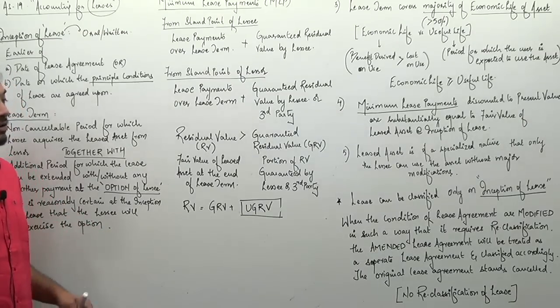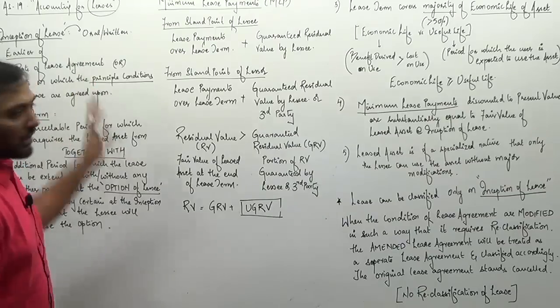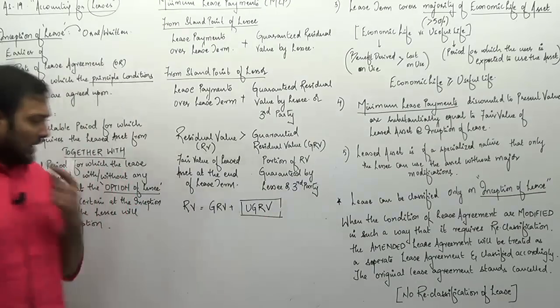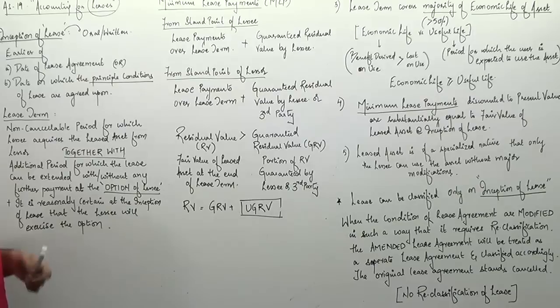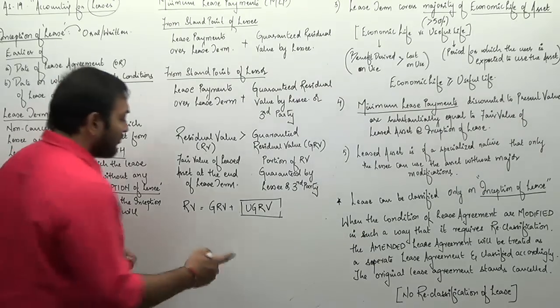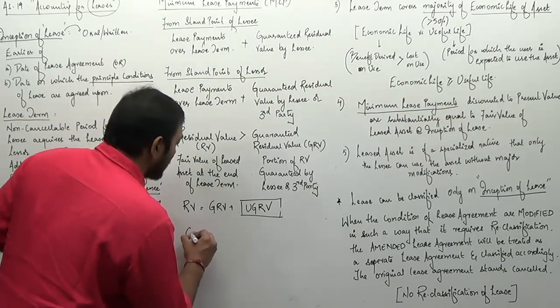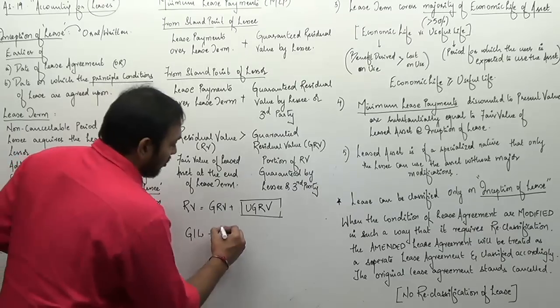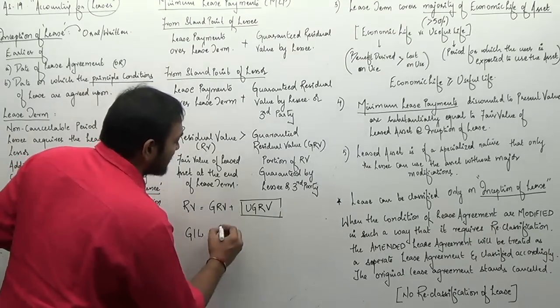Now guys, we haven't started the accounting for leases yet. We are only seeing the definitions of the entire words. In a similar way, there are a few other definitions which we need to understand before we go into the accounting for it. The first such term is called GIL, also called gross investment in lease.